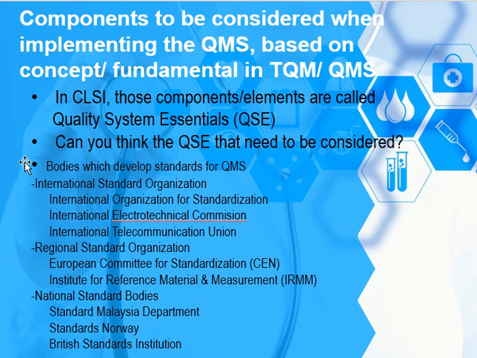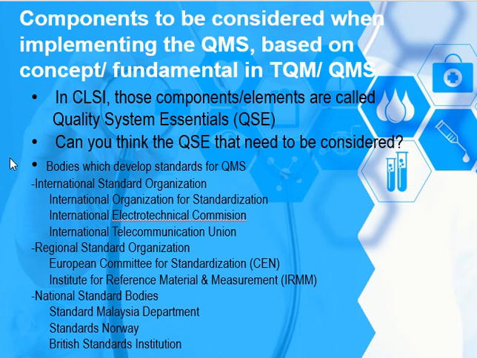Can you think of those criteria that need to be considered? In CLSI, those components or elements are called quality system essentials. So, can you think of the quality system essentials that need to be considered?